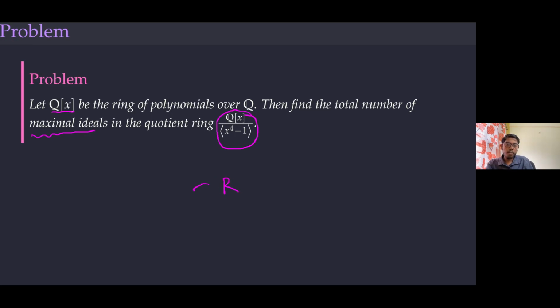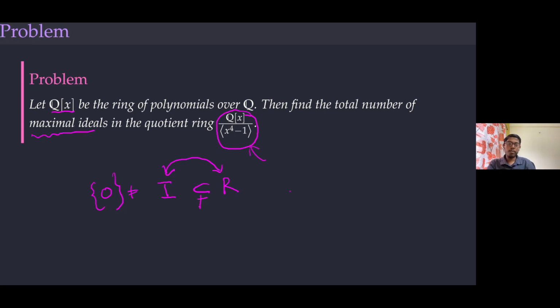If you have R and then I, then this I is called a maximal ideal in R if I is a proper ideal, I is not equal to the trivial ideal, and there does not exist any ideal between I and R. Maximal means it's a maximum. There is nothing in between I and R. So now we need to find out how many maximal ideals there are in this quotient ring.